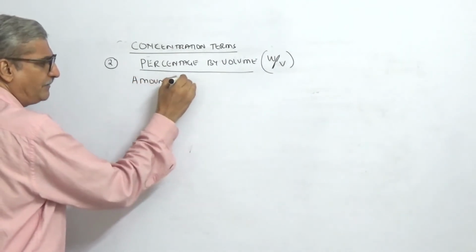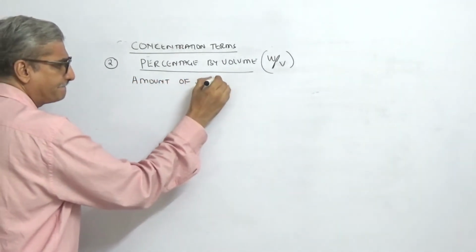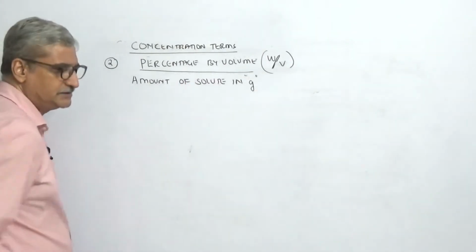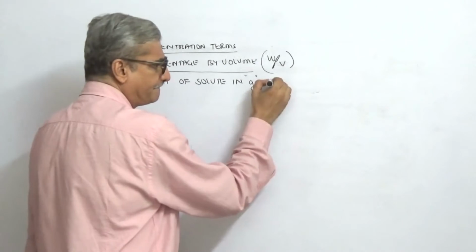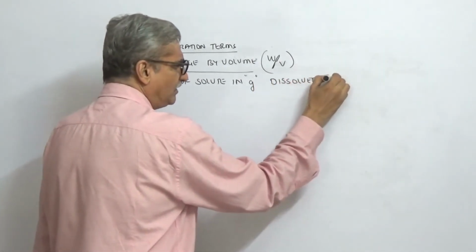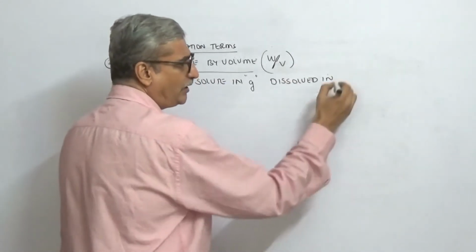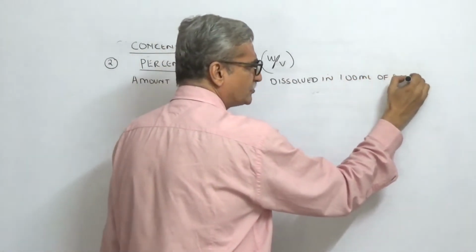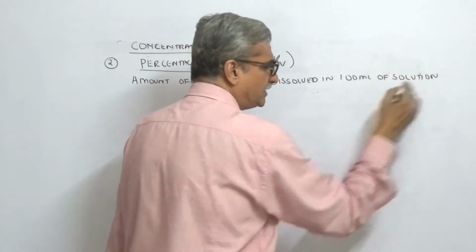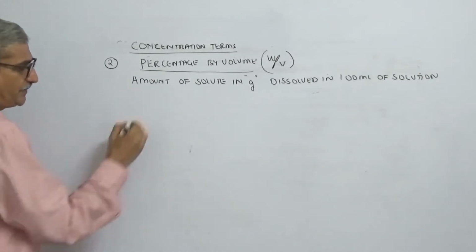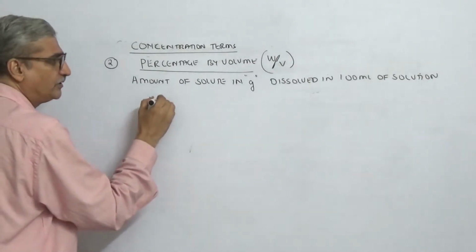So it is the amount of substance. It is defined as amount of solute in grams dissolved in 100 ml of solution. Dissolved in 100 ml of solution. So percentage, mathematically what will you put?